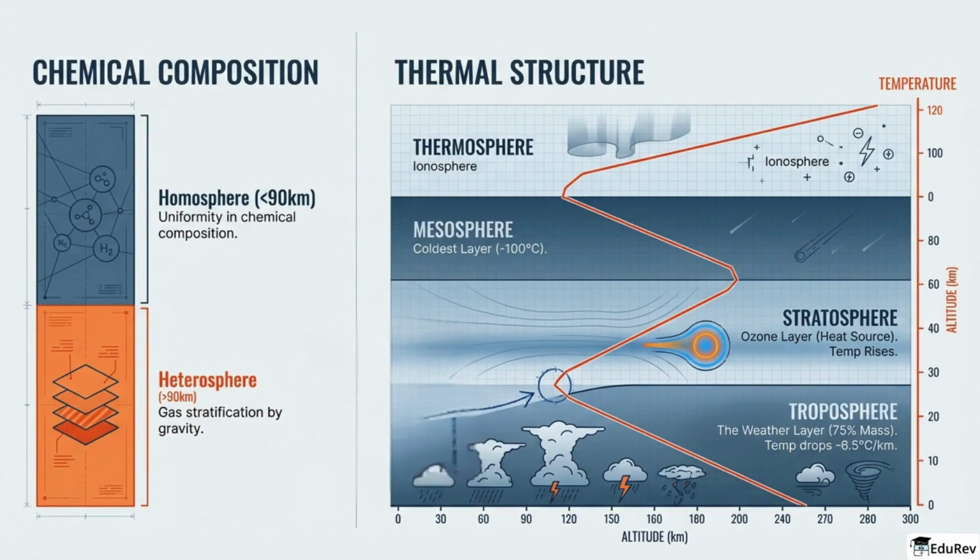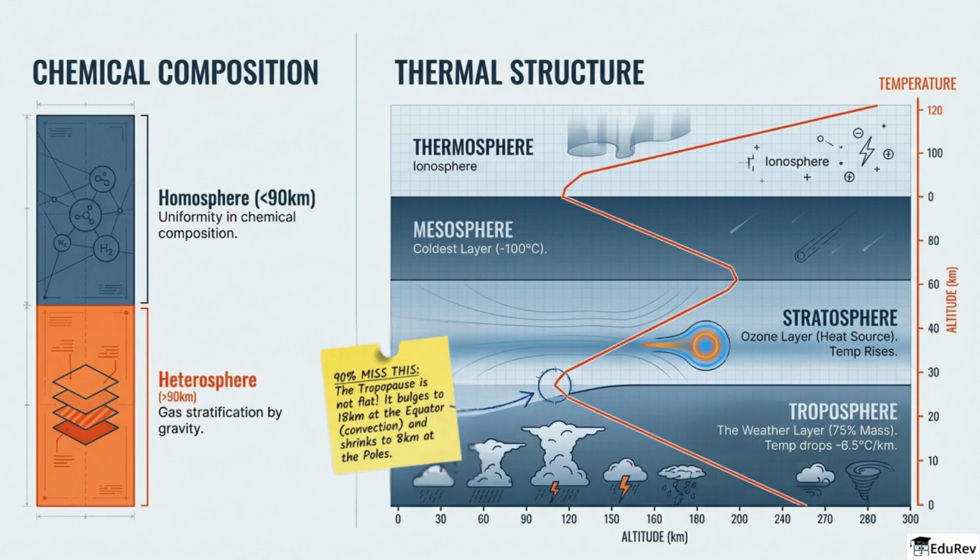Then comes the stratosphere, where temperature rises, mainly because the ozone layer absorbs UV and heats this zone. Then the mesosphere, where temperature drops again and reaches the coldest values, around minus 100 degrees Celsius. Above it, the thermosphere, where temperature rises sharply.